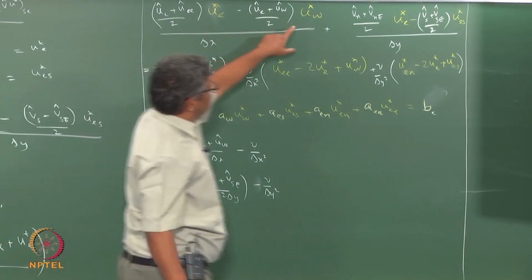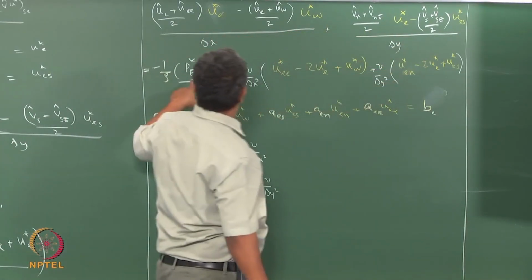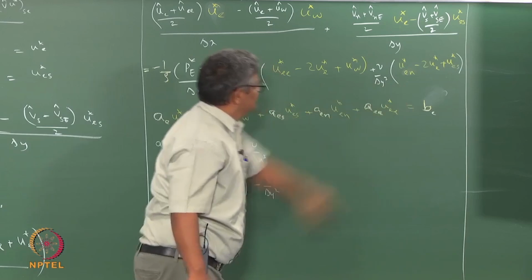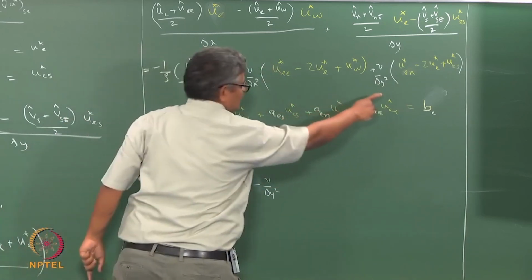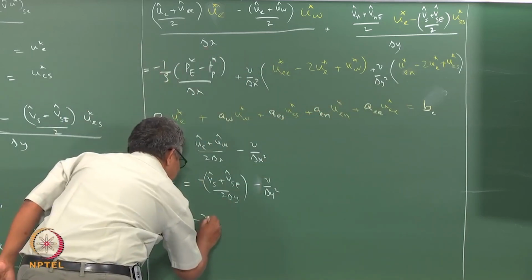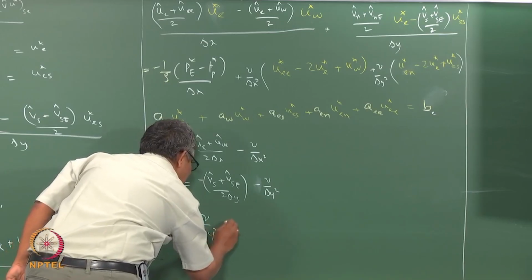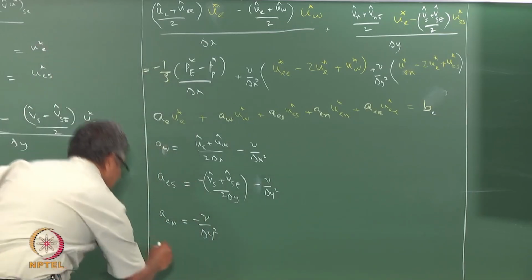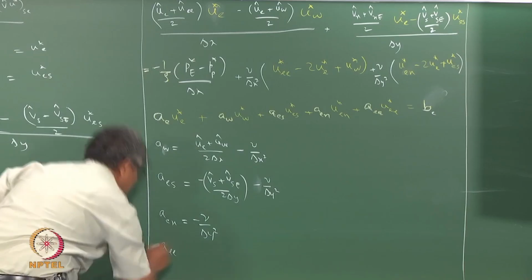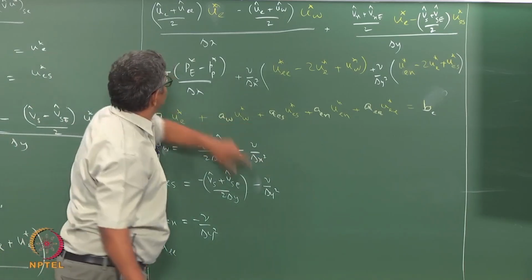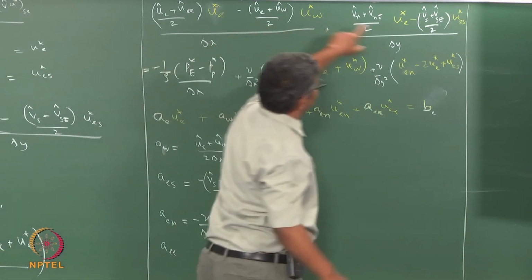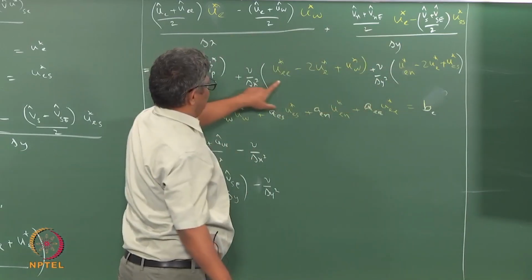it is only in this, and it is coming on the right hand side. So, this will be minus nu by delta y square, and a e e, that is this one, it is only here.